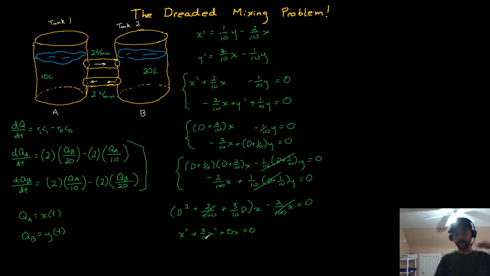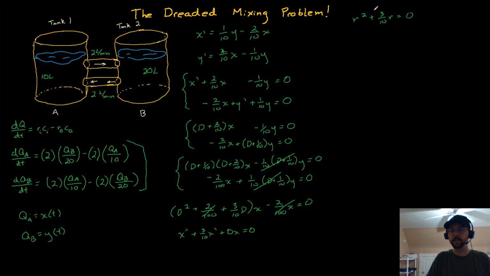So now this is in a more familiar format. This is something that we kind of know how to solve. I think that if you already know how to solve a differential equation, you would already know how to solve this type. This is a relatively simple type of differential equation to solve. So we solve this by changing the x's to r's. It's just convention. R squared plus 3 over 10 r equals 0.